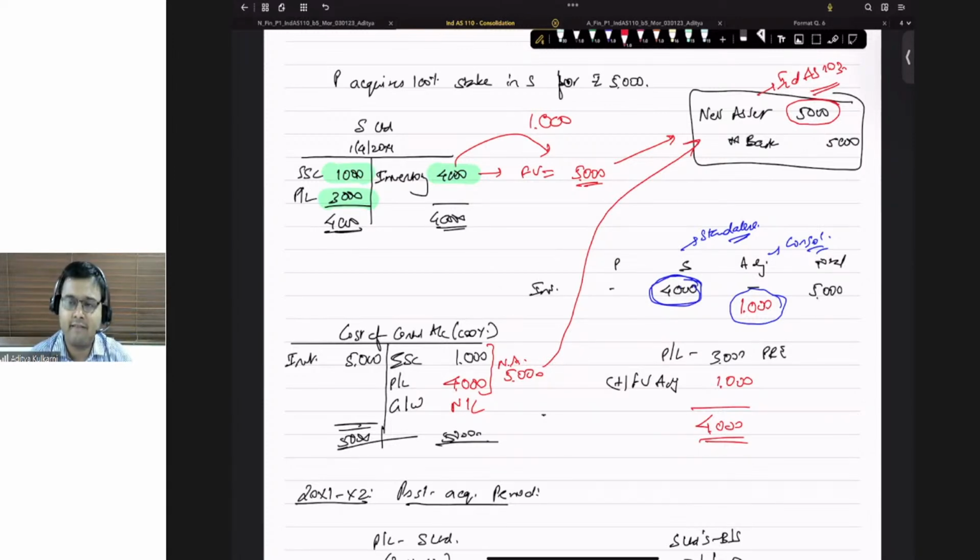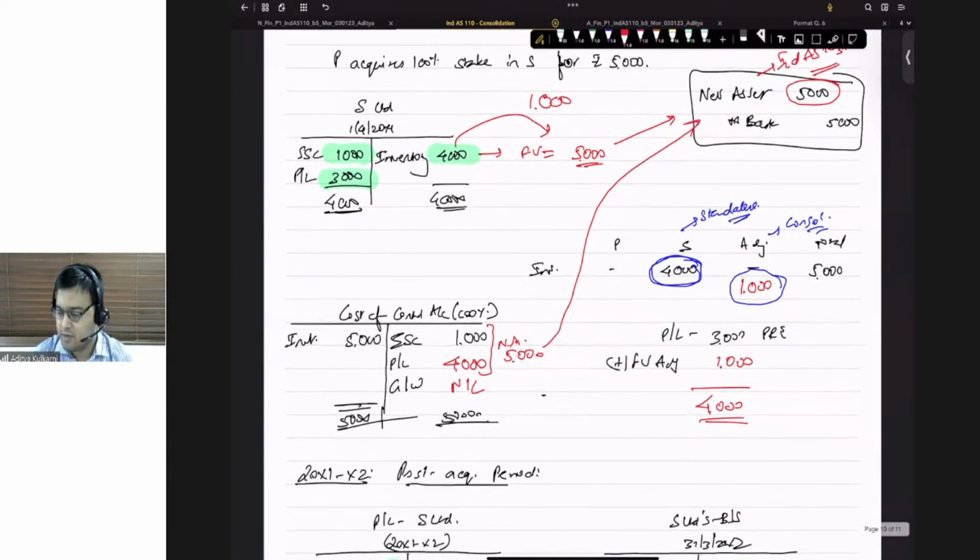It is a fair valuation in pursuance of Ind AS 103. So the net assets which we are crediting to the cost of control in the form of equity capital and P&L reflect the net assets of the company on the date of acquisition. So this 1,000 rupees is an adjusting entry on account of consolidation. So this is understood.